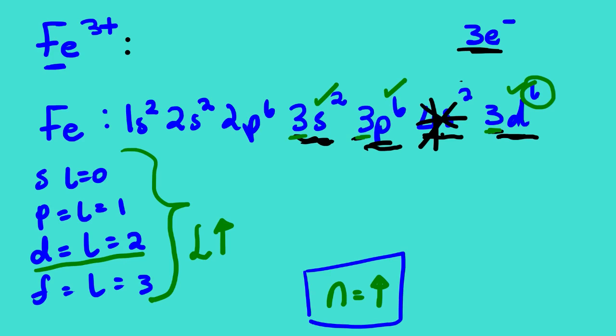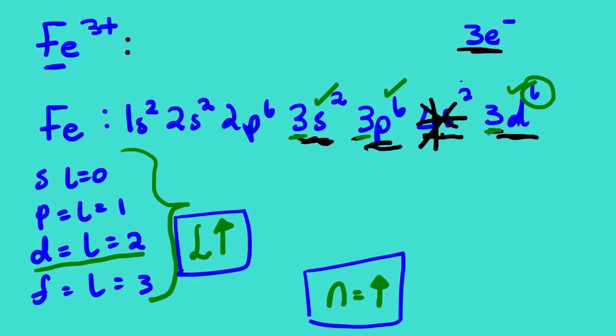The second thing you have to check, if you have the same energy level, is the angular momentum. So if maybe we didn't have any d orbital, it means that we are going to remove from p orbital. If we didn't have d and p, then definitely we are going to remove from this one, because it would be the only highest energy level.